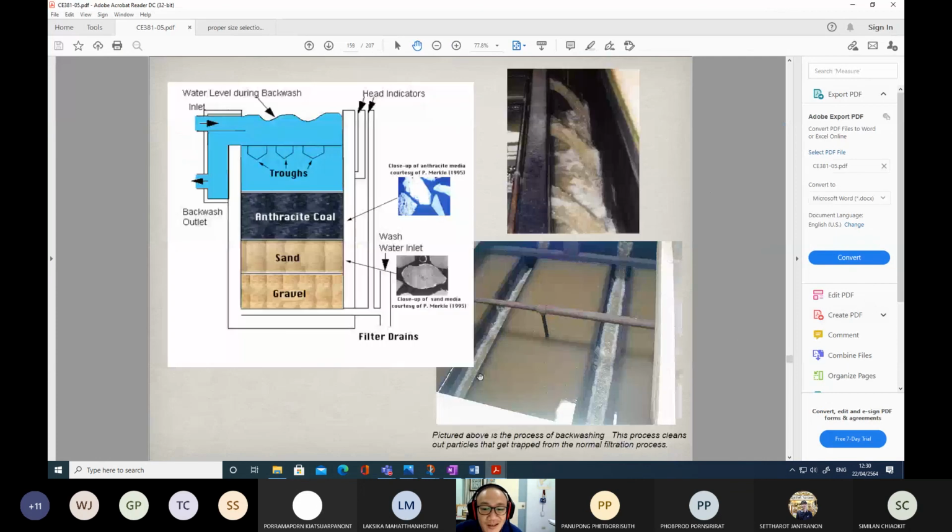And after backwashing, how does the water look like? This is the wash through pipe. This is the wash through channel. All the dirt comes up along with the backwashed water and is accumulated or received by this wash through pipe.